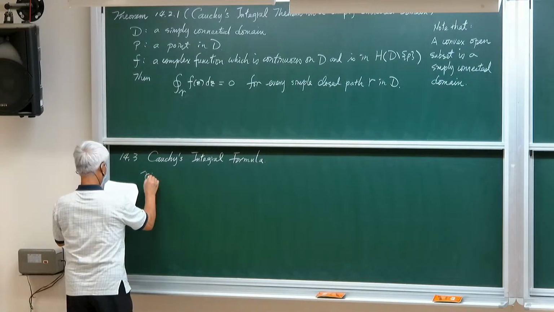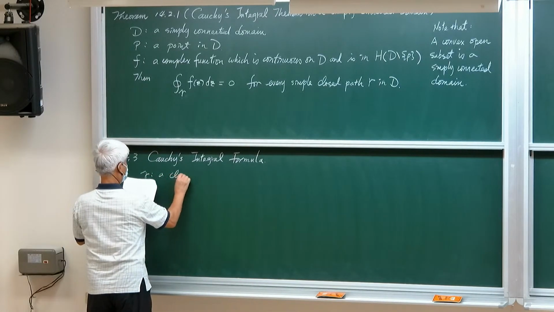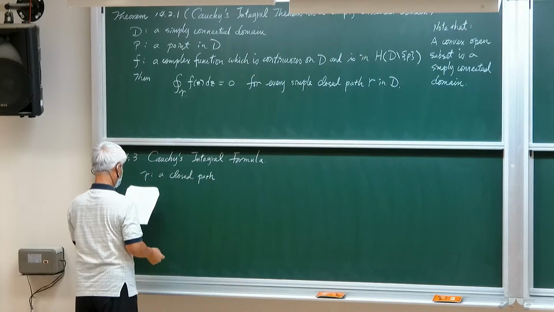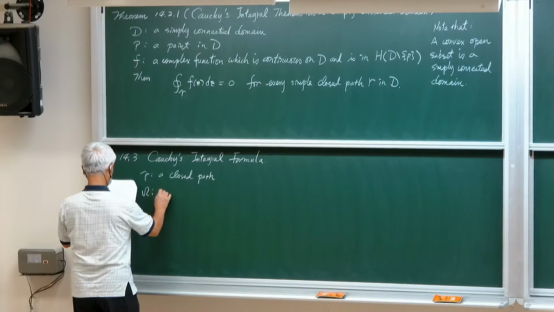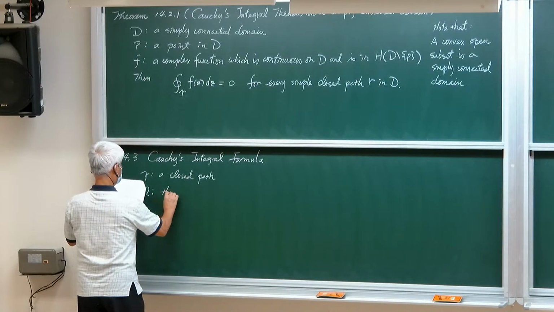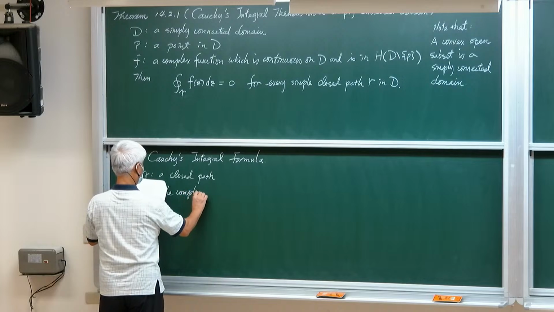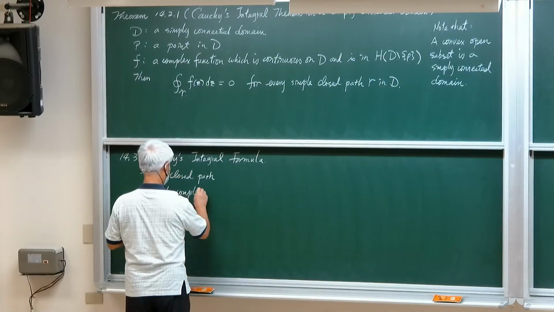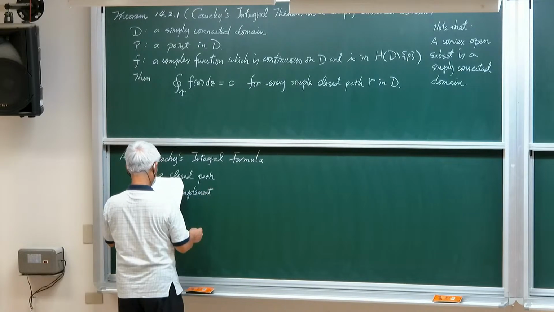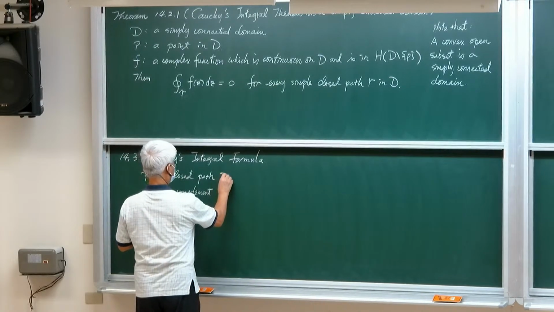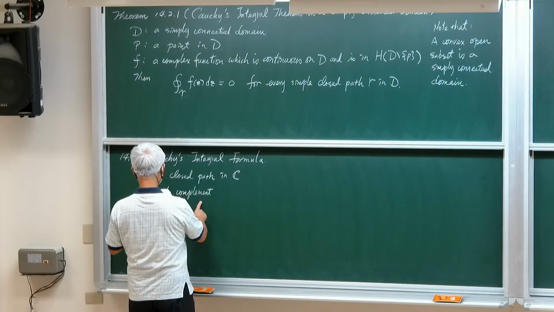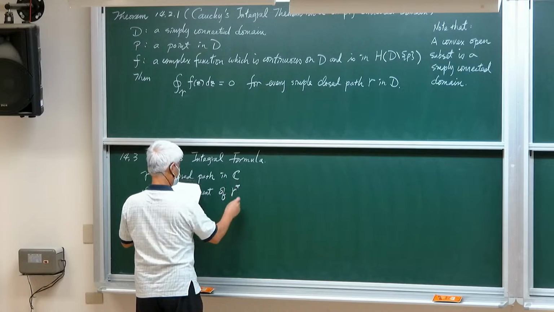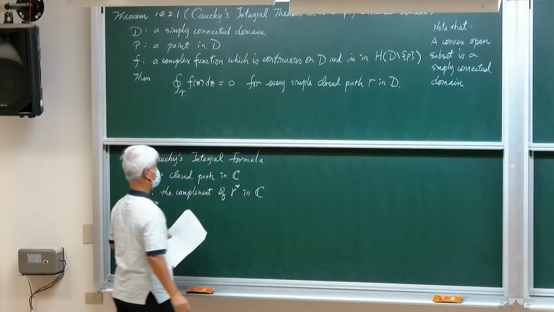Suppose gamma is a closed path in the complex plane, and omega is the complement of gamma star in C.